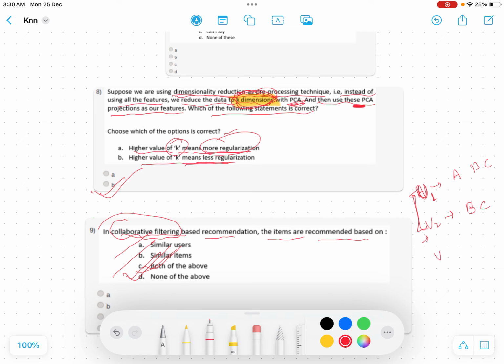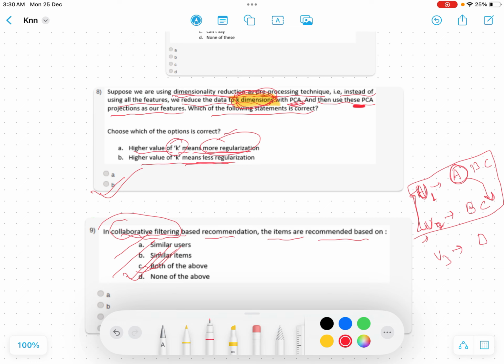And let's suppose user U3 has seen movie D. These two users have very similar taste, so I can recommend movie A to user U2.